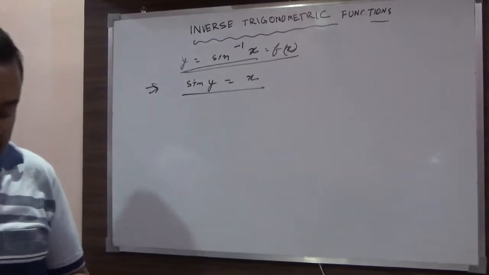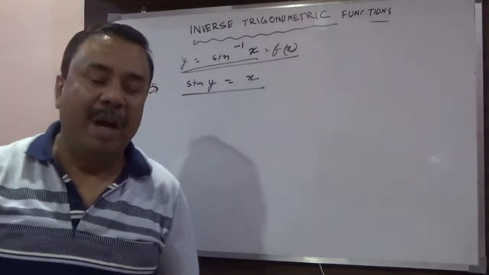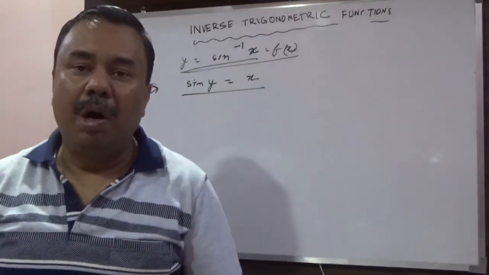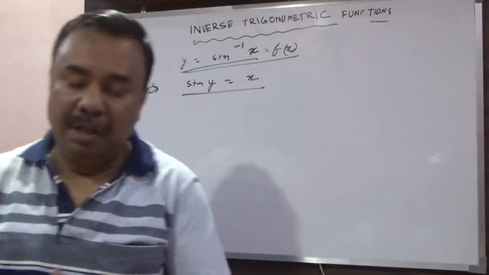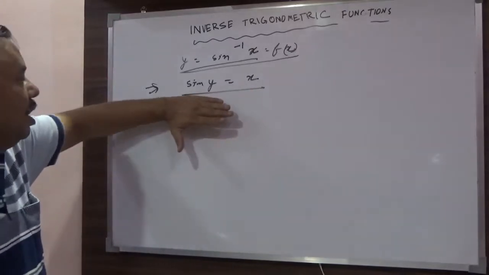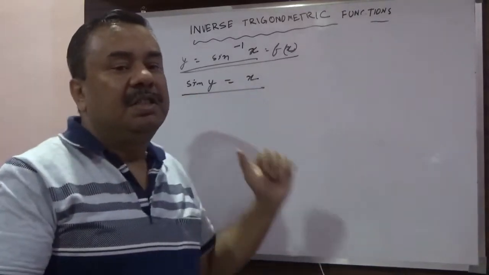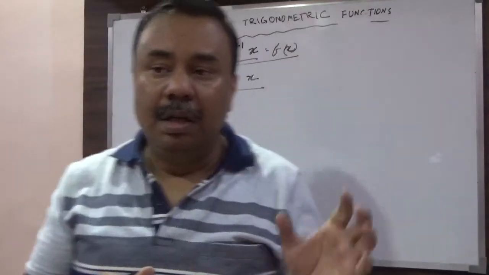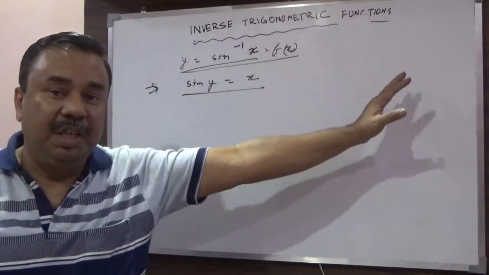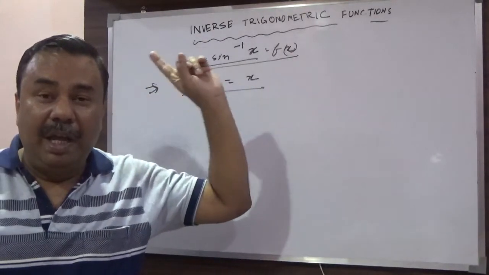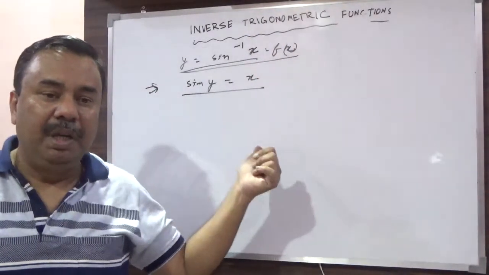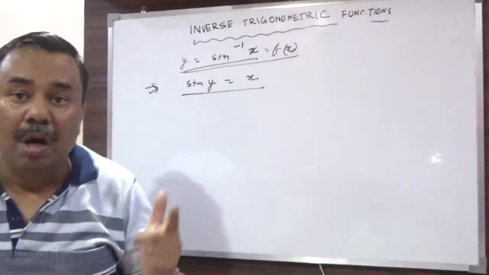Domain means all the probable values of x, and the range will be the values that y could take. Now you know that sine of any angle, as you have seen in the graph, will always lie between -1 and +1, or I can say it varies from -1 to +1.